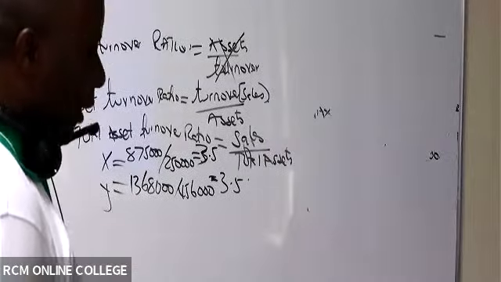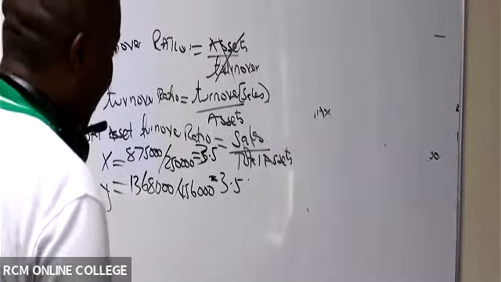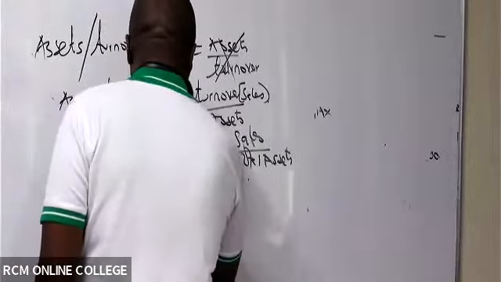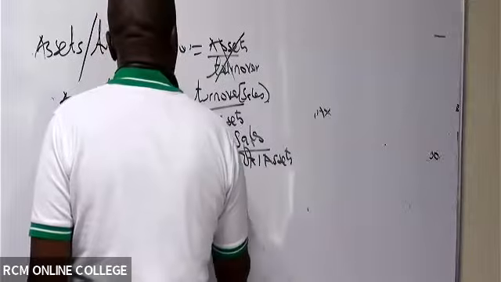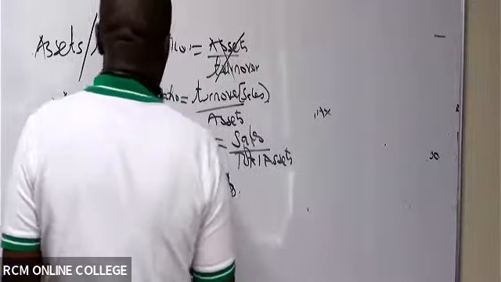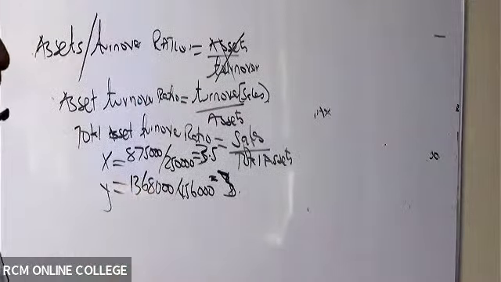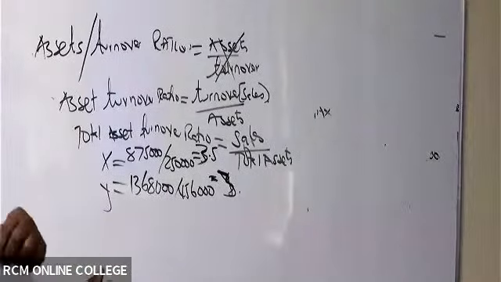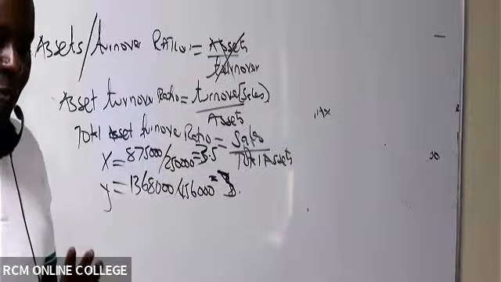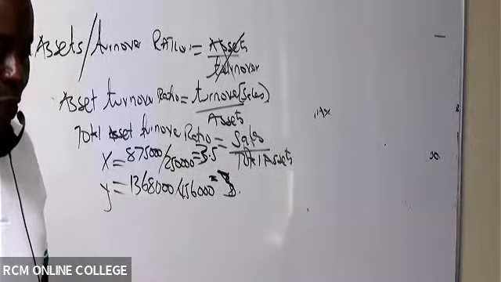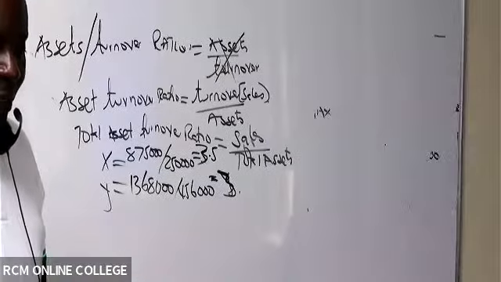And then Y is supposed to be 3. Great. So still, we are in agreement here that at least for once, we are able to see that X has posted a better performance in comparison to Y. Because remember again, the higher the assets ratio, the better the project is.